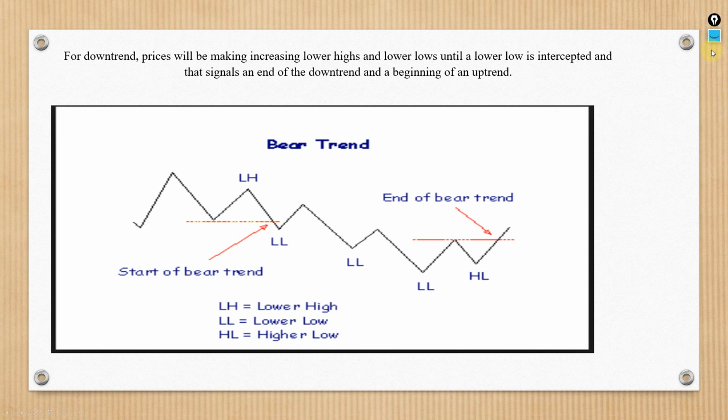So now let's talk about a downtrend. I don't want to use those pictures. I left them deliberately. I want us to take more time here. We need to understand this. This is very important.